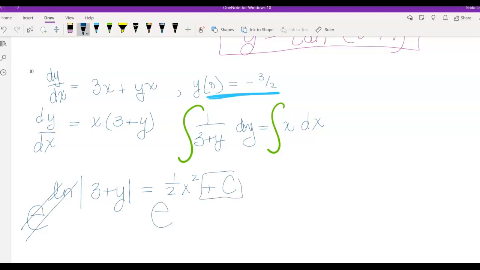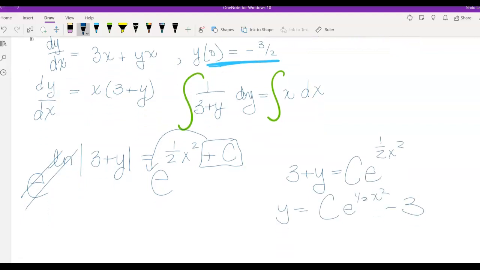And remember earlier when we saw that plus c up in the exponential, it came out front as a multiplication. So now I have 3 plus y is equal to c e to the 1/2 x squared. And then just subtract that 3 over, and we have a general solution here.